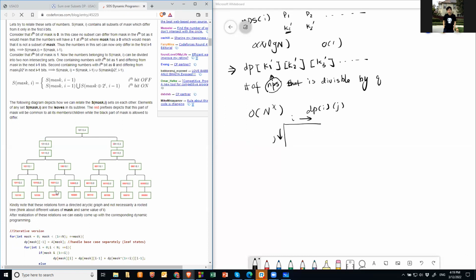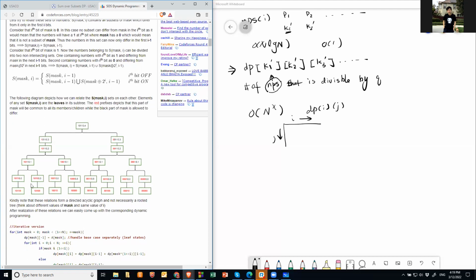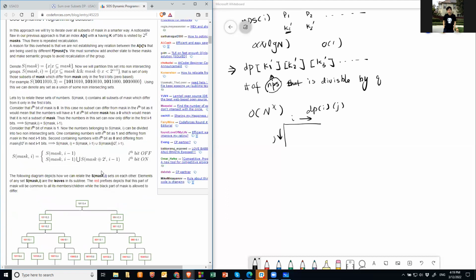Then you don't have to loop through all of this. You can loop through the tree and then you merge, right? You go to the bottom, you merge up. And we know a tree is n log n, right? So that's basically the concept.